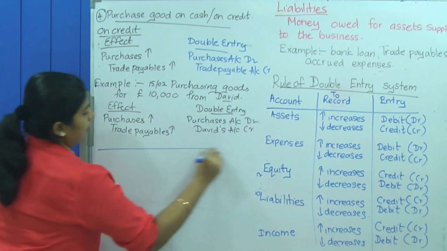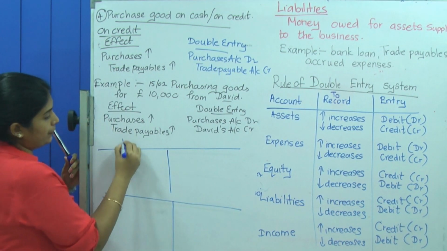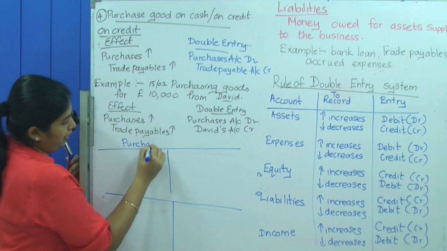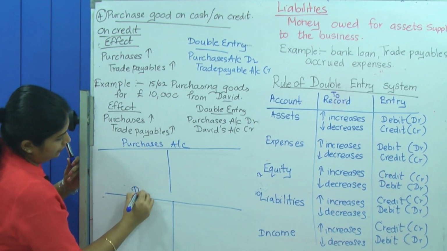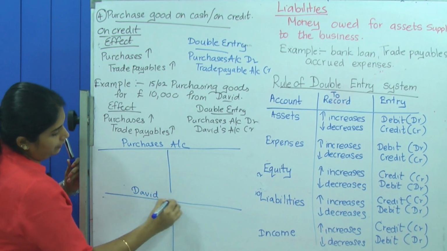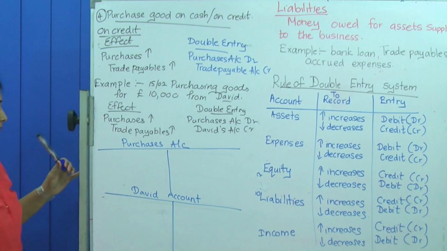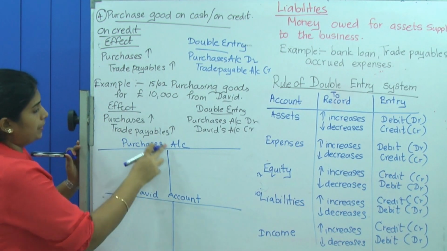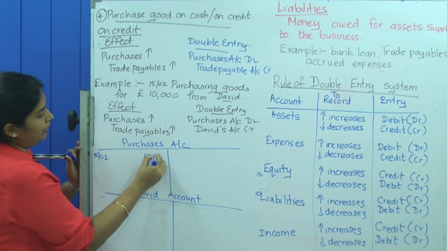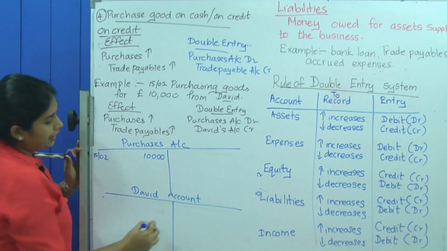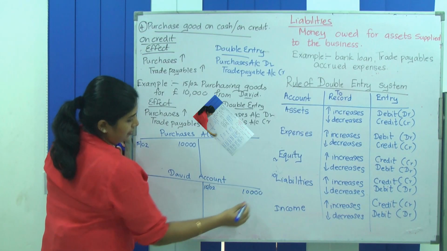Now we'll record them in the two T accounts. We need two T accounts. One is for the purchases account. The other one is for David's account. Now a particular person's name is given, so we can write the particular person's account name. Then on 15th February, purchases 10,000 will be debited and David's account 15th February 10,000 credited.